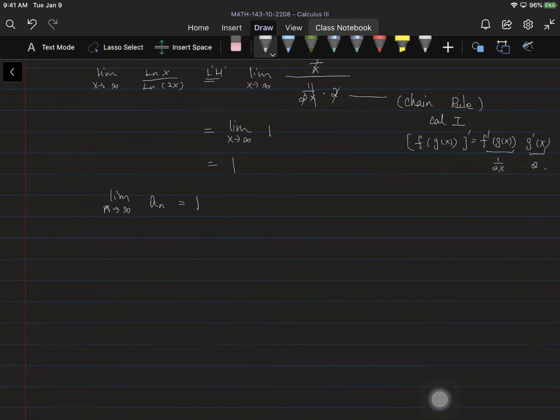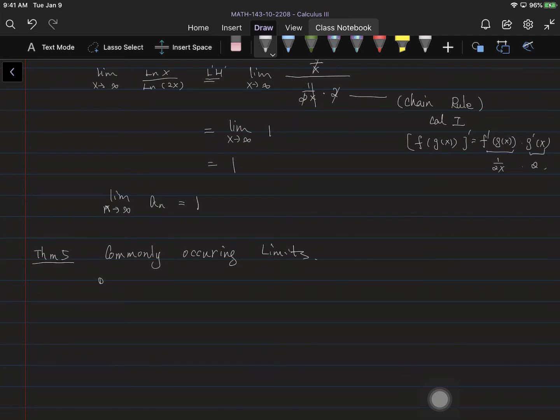Okay. Now let's take a look at some commonly used limits. It's given by Theorem 5, commonly occurring limits.